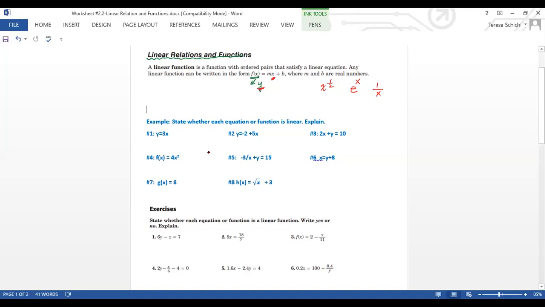Also I want to mention that it doesn't have to be that both y and x exist. If you say x equal to 2, this is a linear function, because the x is just x and is not on the denominator or under square roots.